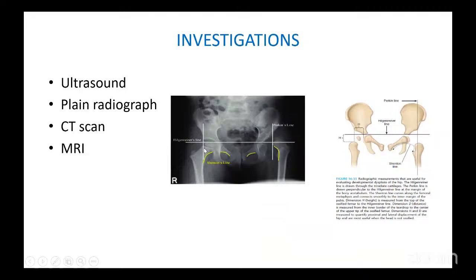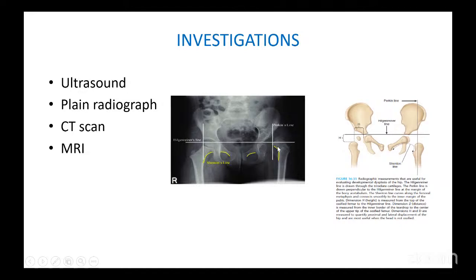From the superior border, we will draw one vertical line on both sides. So these two lines will make right angles to each other. Now we divide into four sectors: upper medial, upper lateral, lower medial, lower lateral. Ideally the femoral head will lie in the inferomedial part.